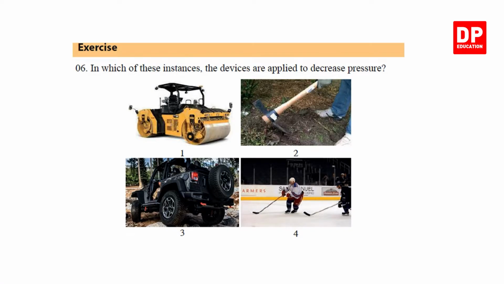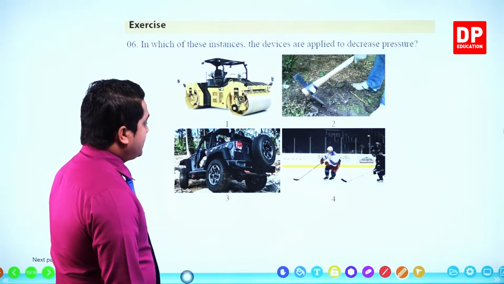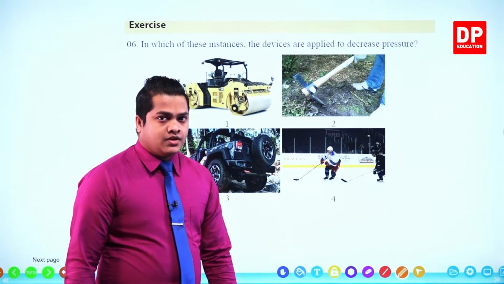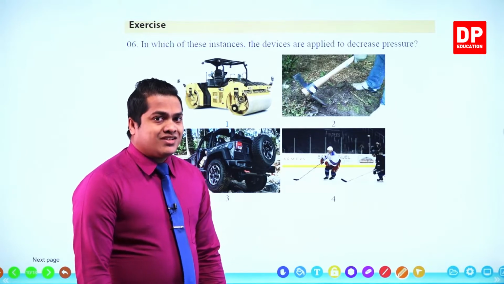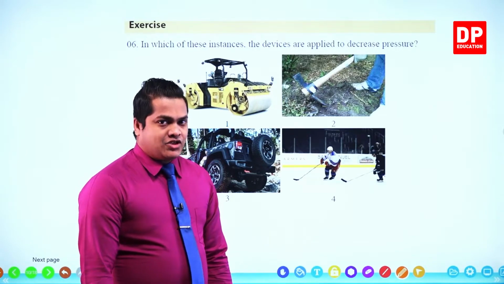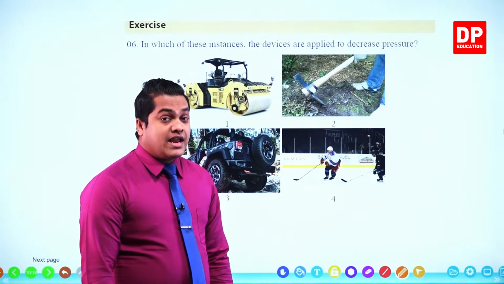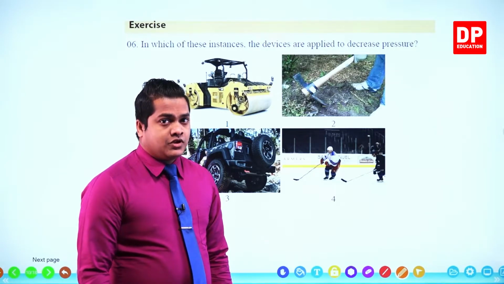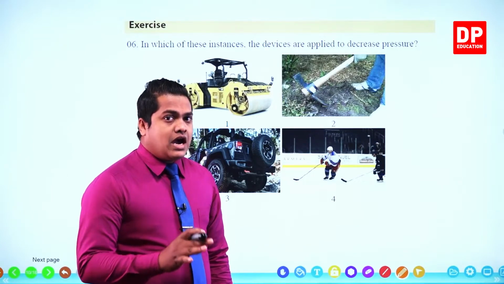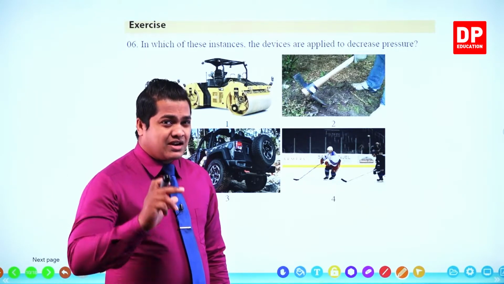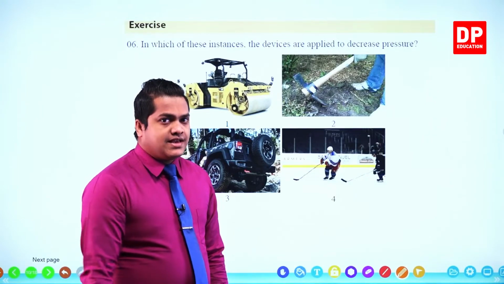In which of these instances the devices are applied to decrease pressure? Decrease pressure. Now pressure, in order to decrease the pressure, we have to apply a greater surface area. So go for the answer that has the greatest surface area.